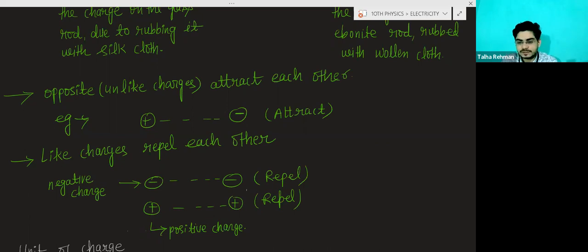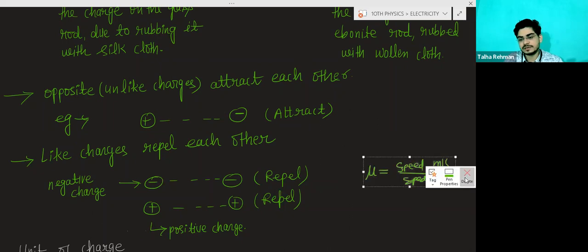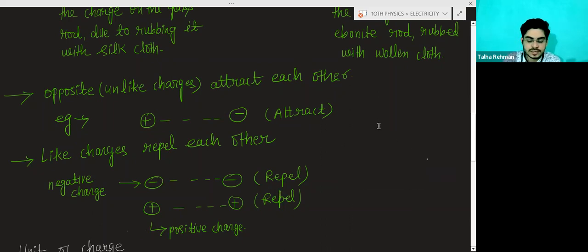So the speed of light in the numerator is a speed and the denominator is also a speed. Both have the unit meter per second, so refractive index is a unitless quantity.